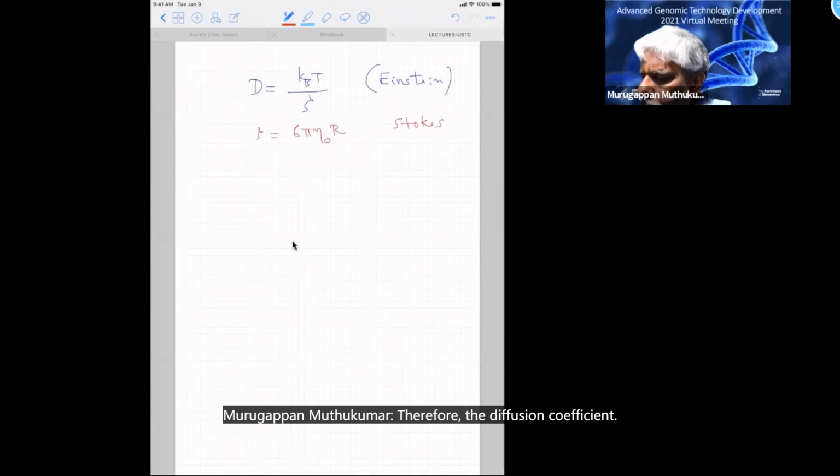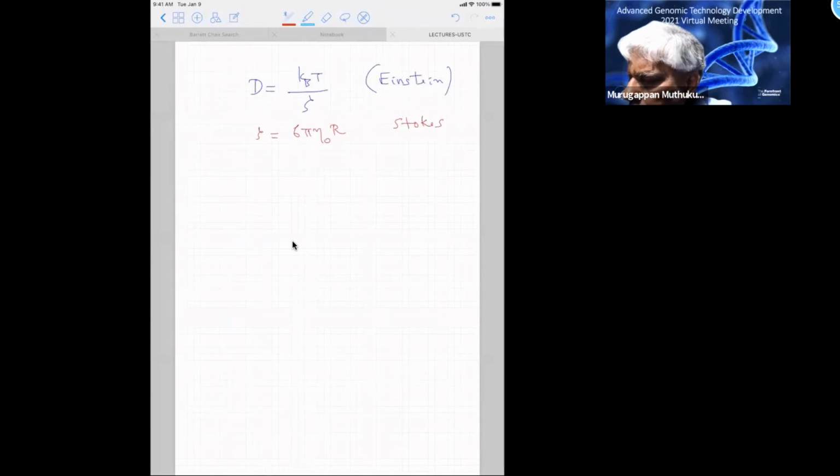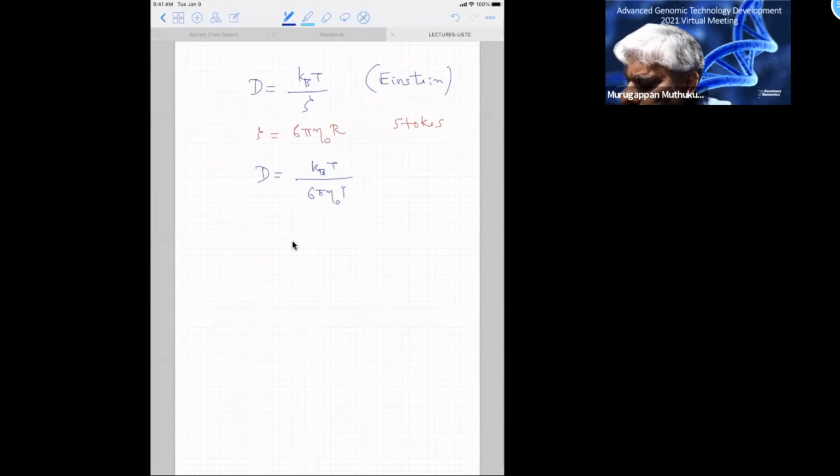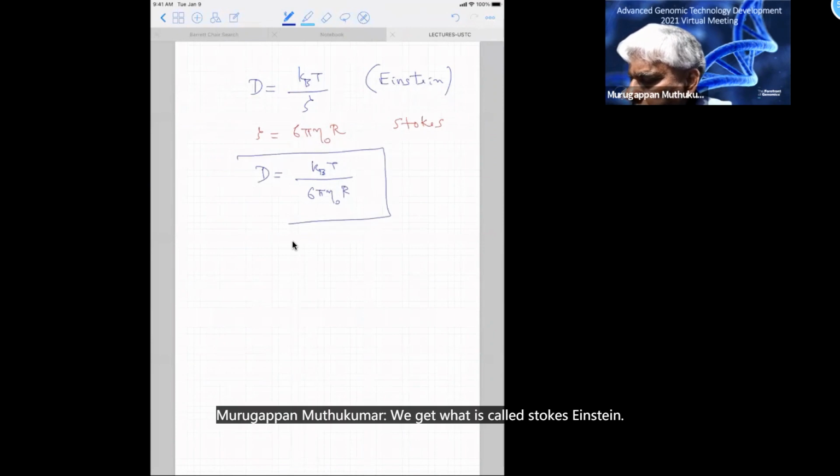Therefore, the diffusion coefficient is equal to kBT divided by 6 pi eta naught r. That's how we get what is called the Stokes-Einstein relation.